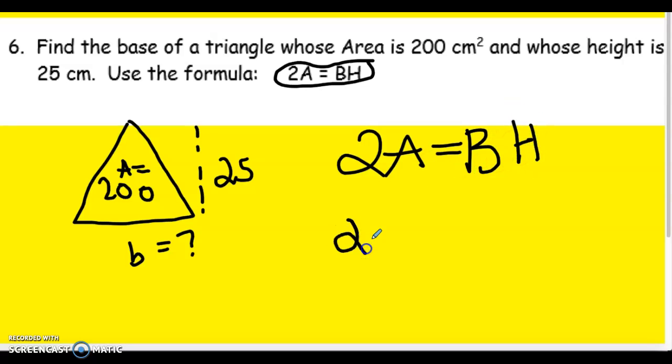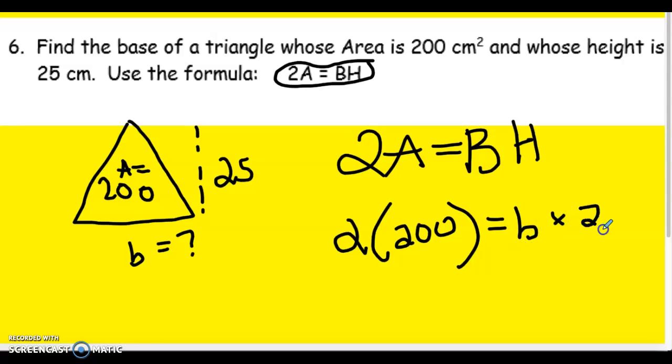So that means 2 times 200 equals some number for the base times 25. So 2 times 200 is 400. 400 equals what number times 25?